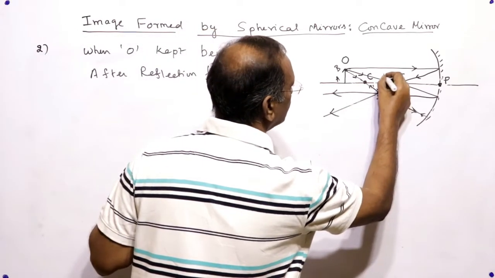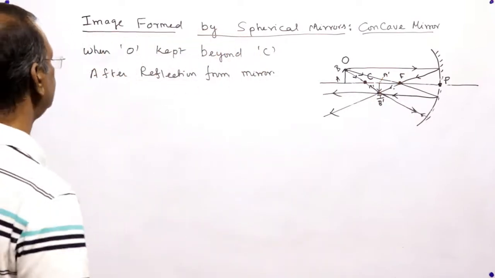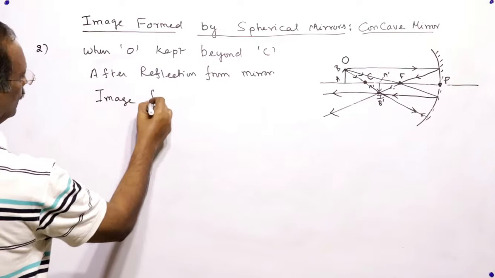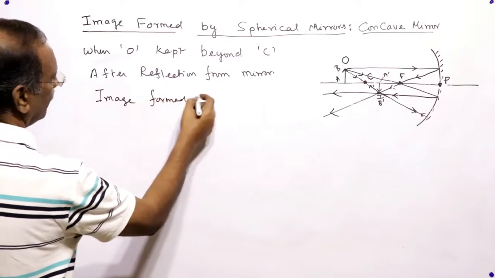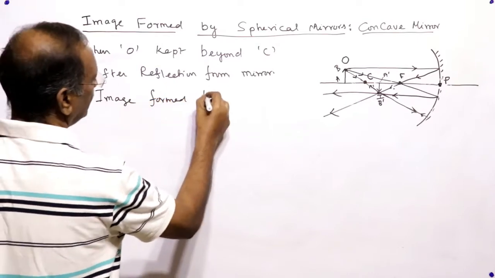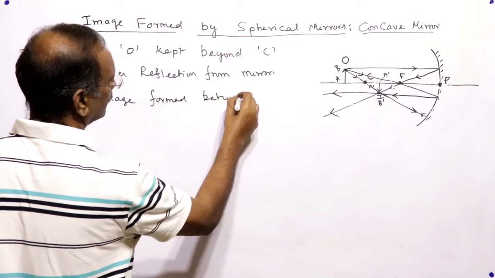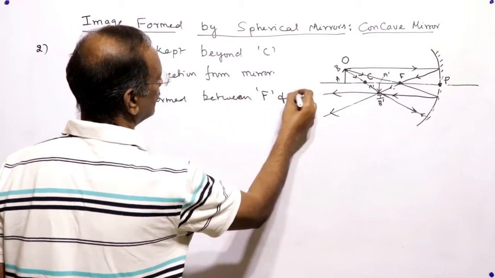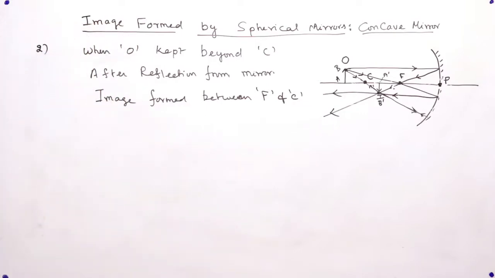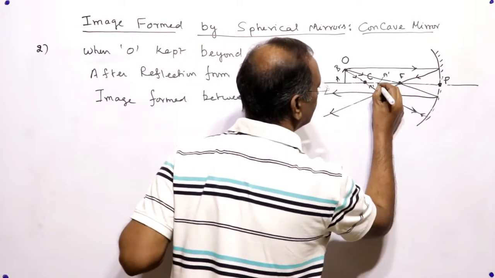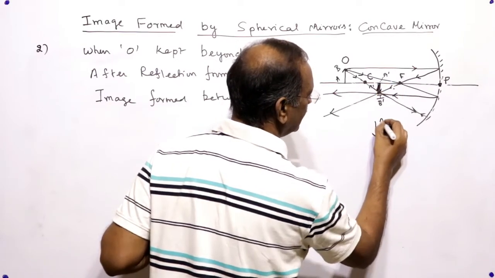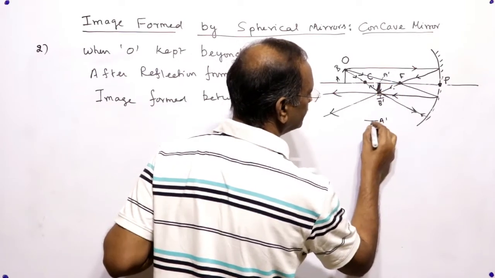Image is formed at A dash B dash, which is between the focus and center of curvature. So this is the image formed between the center and focus, and it is inverted. So actually the image A dash B dash is inverted.